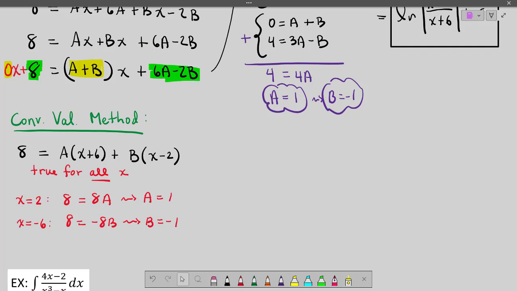And it works great, especially if you have distinct linear factors. But you should know from algebra that when you're factoring, if you are a factoring ninja, every polynomial can be factored into linear and quadratic factors.